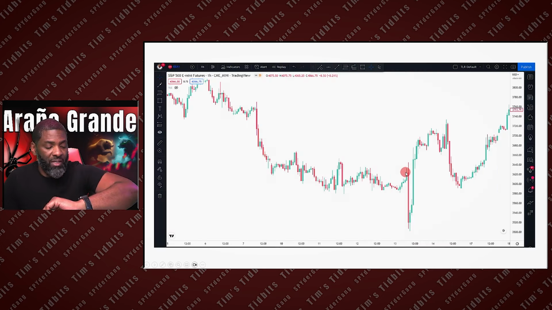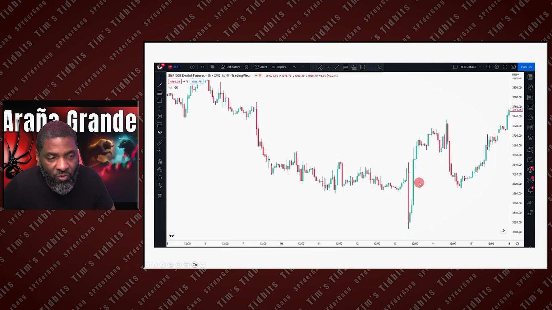Now, let's go over the price action and take a peek, if we will, at this bullish fair value gap right here. Remember, a 3-candle pattern where candle 1 and 3 don't share price. So we have candle 1, we have candle 2, and we can't have candle 3. Candle 1 and candle 3 don't share price. Why don't they share price?